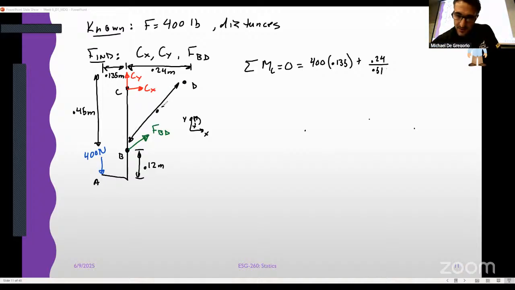You don't even have to do any trig for it. It just tells you how long that is. Okay, and that's times FBD. And what's the distance that is away? Well, that's 0.45 meters away from there.